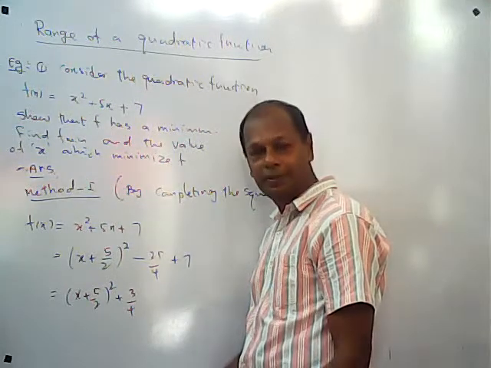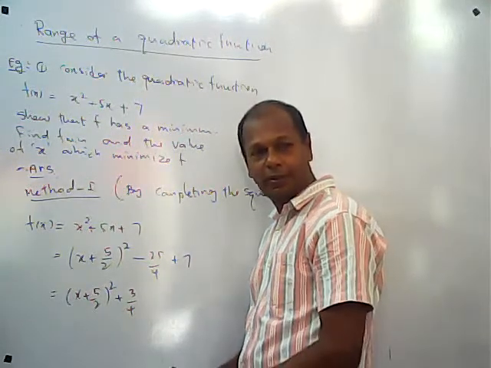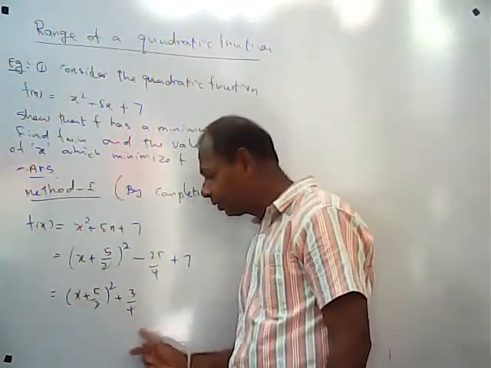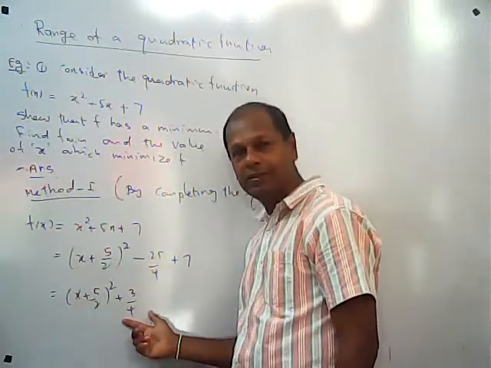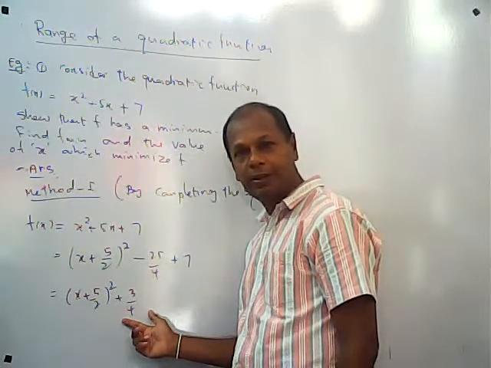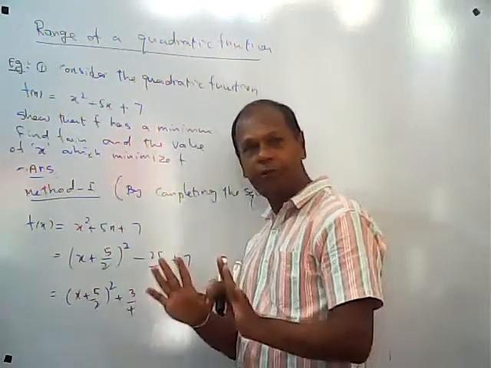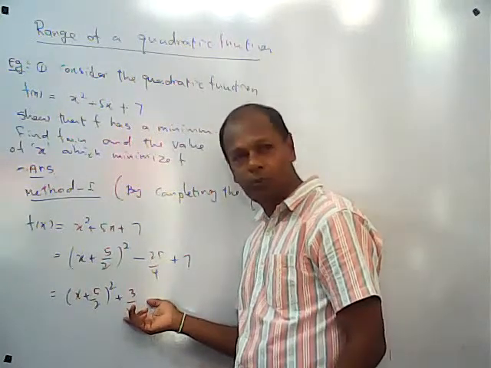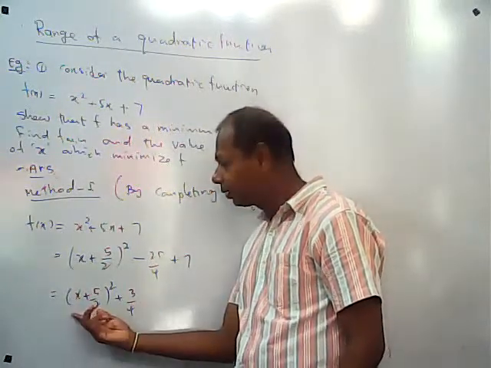What do you see here? f(x) is equal to this. This is a constant. This doesn't vary with x. Whatever the value of x, this will stay at 3/4. Right? It's only this part that changes.